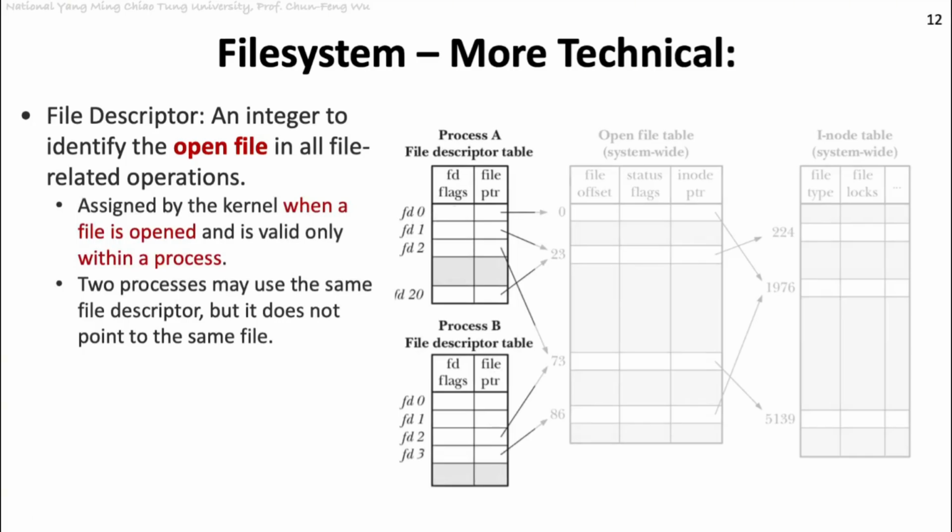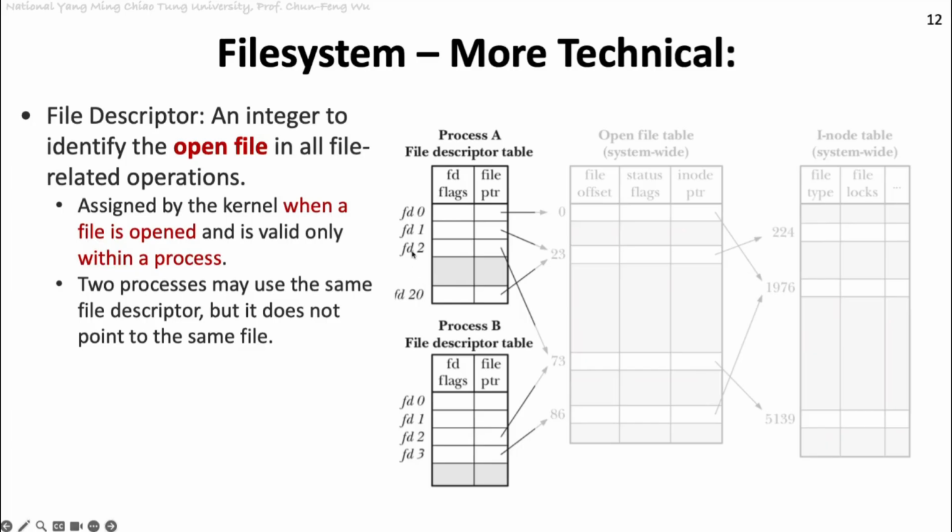Usually the first few file descriptors are reserved for important usage, for example debugging, error handling, and reading and writing. But if you open a file, you will get an FD like 20 or 19 or 18.